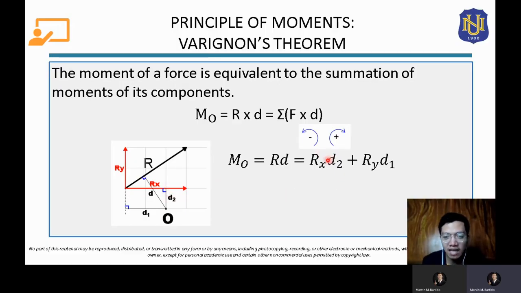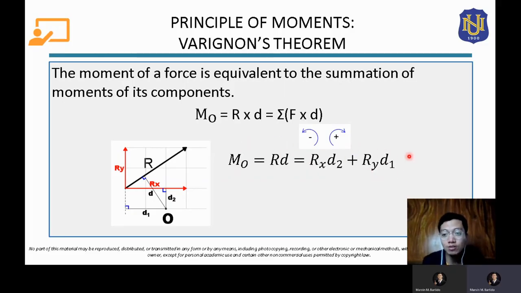Since that is a clockwise rotation about point O, that will be positive. And the moment of your Ry will be Ry times d1, and it is positive here since its rotation about point O will be clockwise. This will be the summation of the moments of the components of force R.